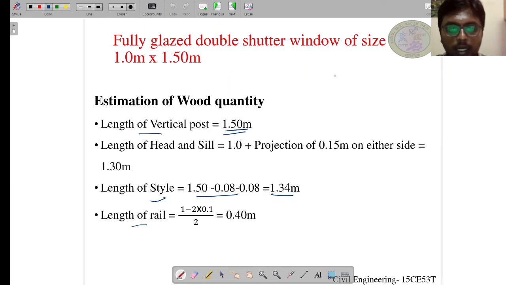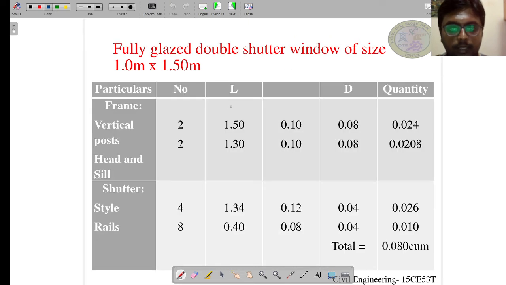After calculating all this, let us tabulate it in the prescribed format: particulars, number, length, breadth and depth. Here we have the frame, with vertical posts and head and sill. We have two vertical posts and also head and sill as two numbers.